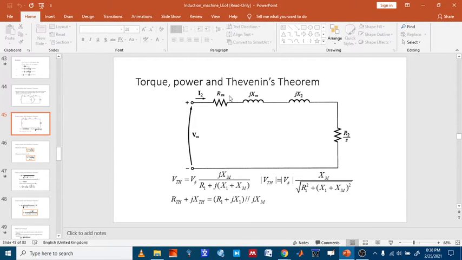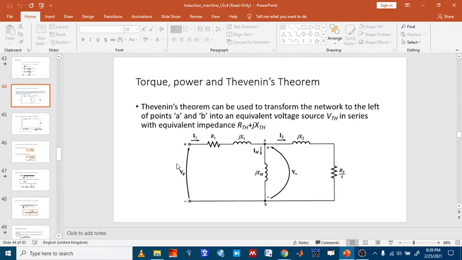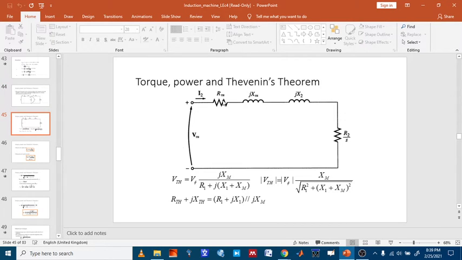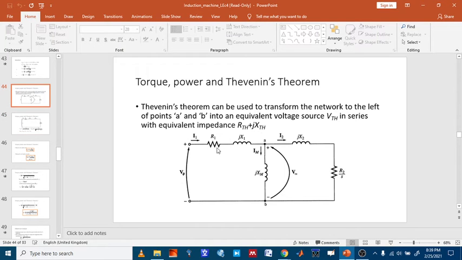This is the Thevenin's equivalent circuit of the induction machine, made up of the RTH and the VTH. VTH will replace the V phase. We have RTH and XTH, which will replace the stator R1 and X1, the stator impedances.